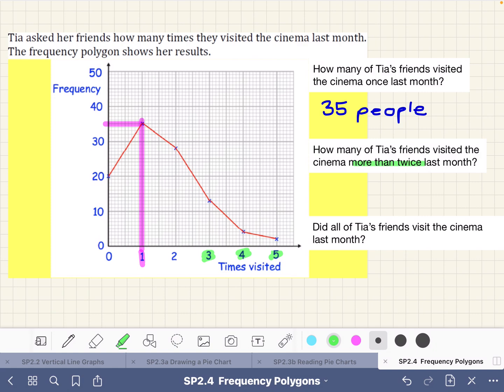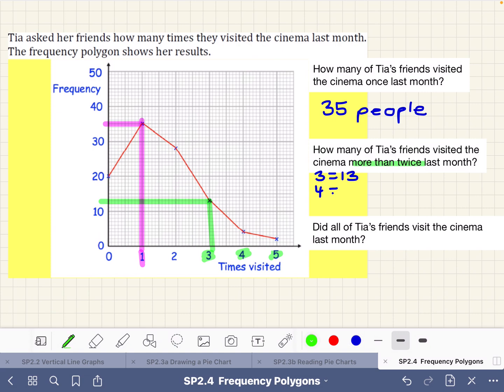We will take readings for each of these. So we can see here the 3 is there, and we're going to go across to the axis, and we can see here we have 10, 11, 12, 13. So 13 people visited 3 times. So 3 is equal to 13.